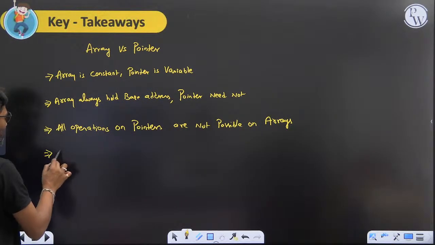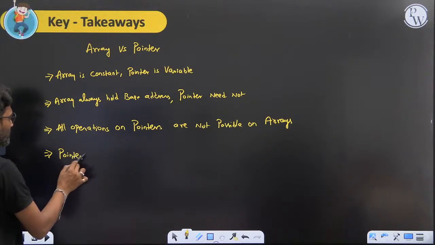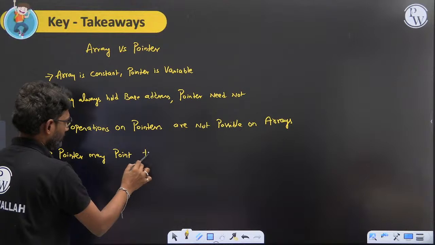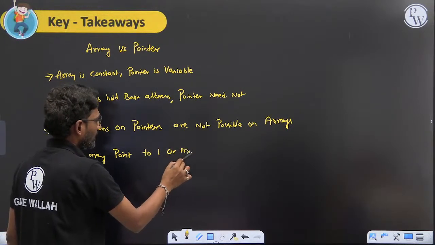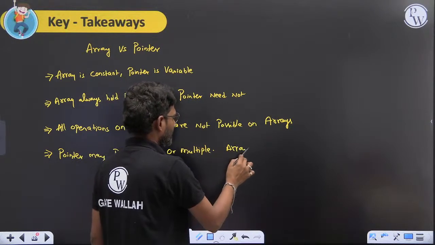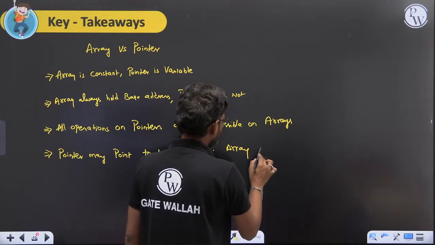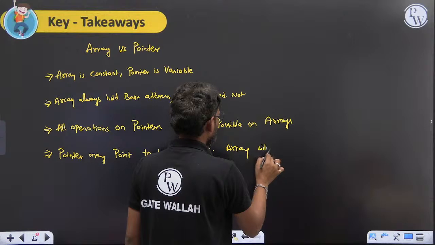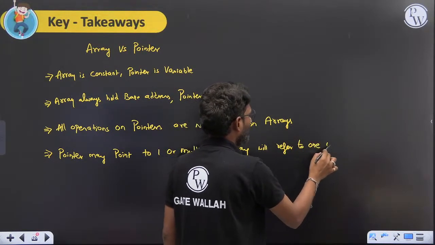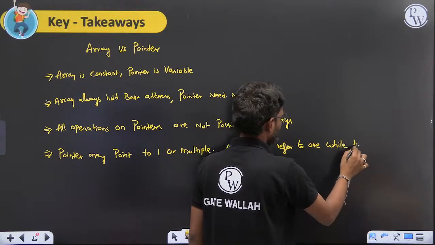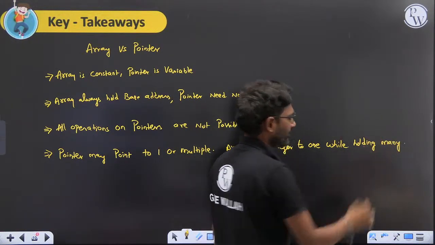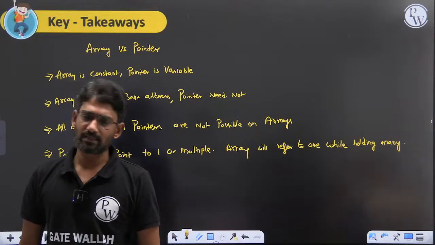And a pointer may point to one element or multiple, but an array at any given time will point to one element but can hold multiple. Array will refer to one while holding many. So, these are four important takeaways from today's class.